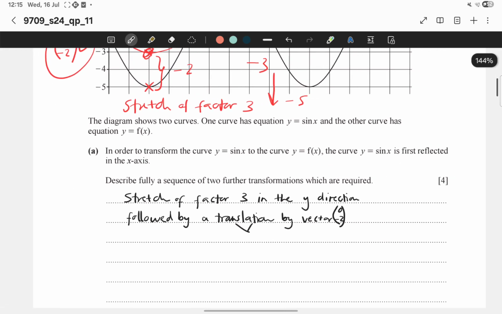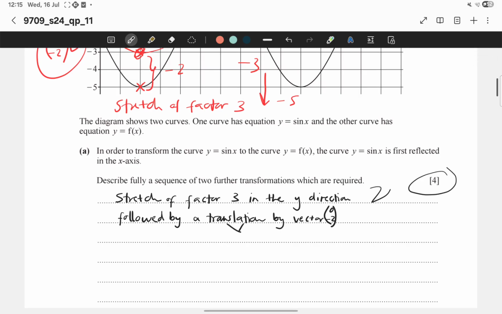And you get your 4 marks. So it's 2 marks for each transformation named.